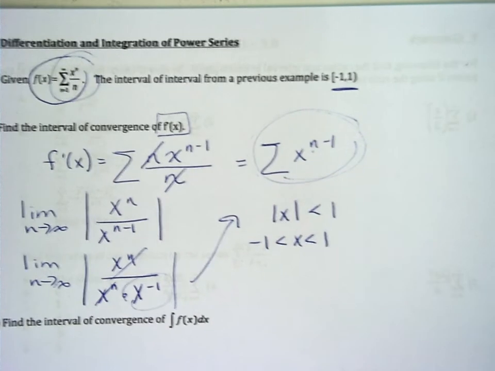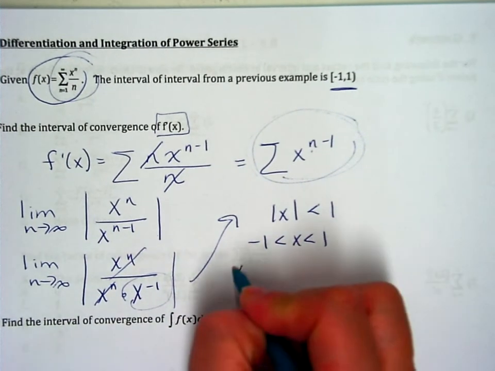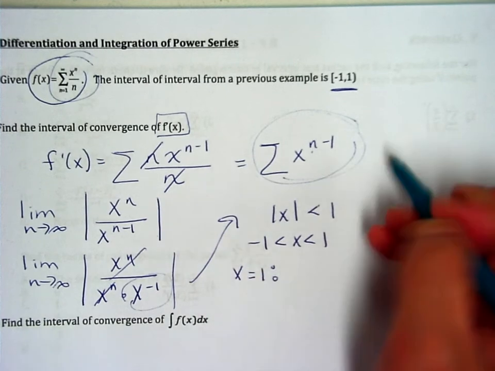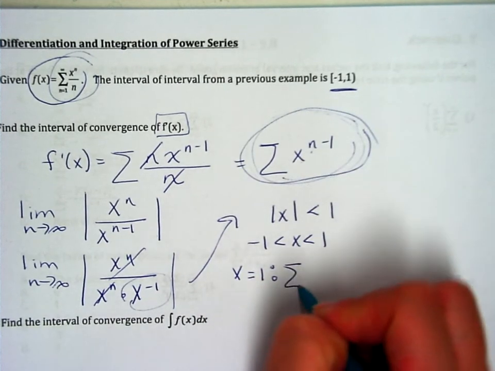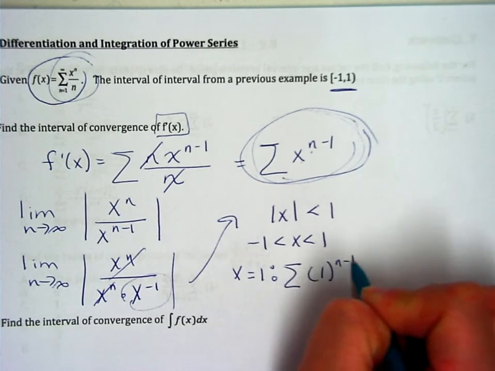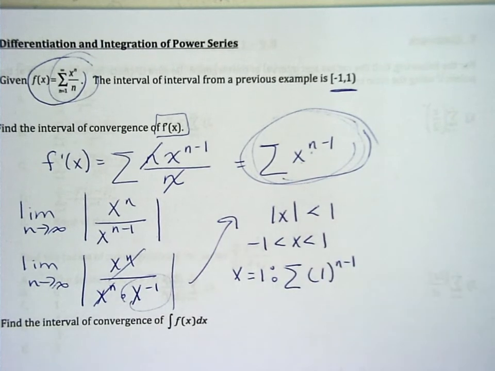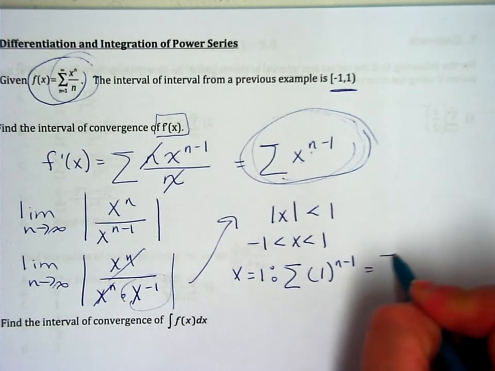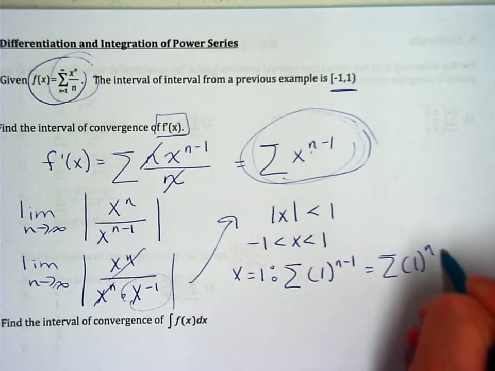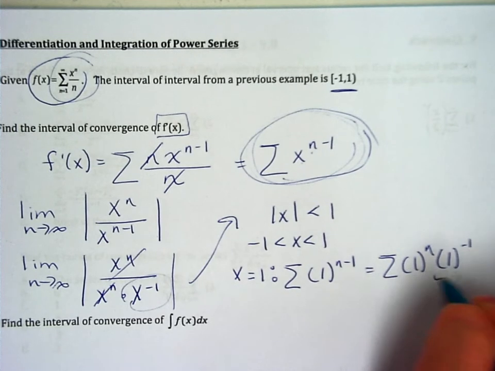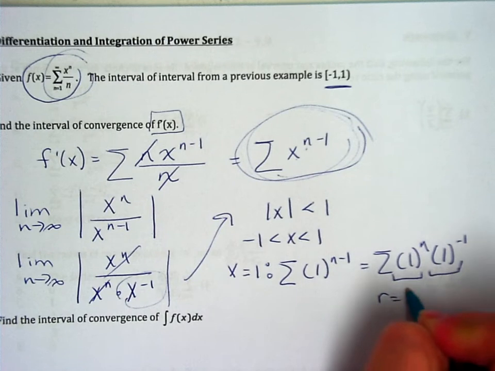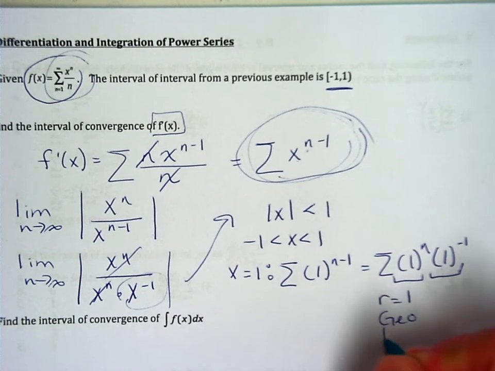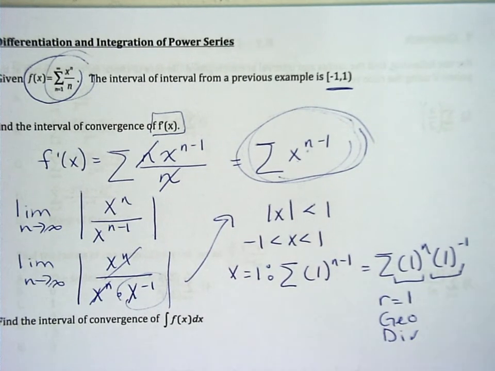Now I'm going to go ahead and check the endpoints. So let's start with x equals 1. Remember, I'm going to plug it back into the original sigma. So if I do that, this is going to give me this. This is really a geometric series that diverges because it's really 1 to the n times 1 to the negative 1. This is just a number. This is what's raised to the nth power, so your r is 1. This is a geometric series. We're going to say it diverges.